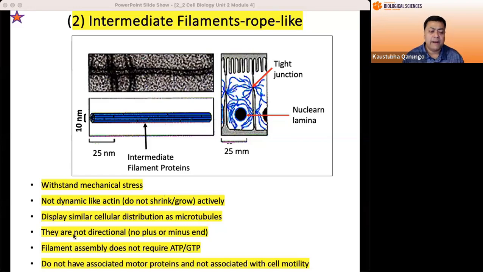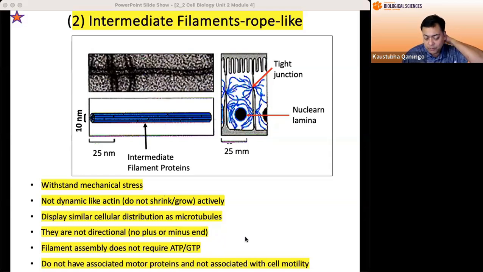Look very carefully at each one of them, because all of this will be a couple of different questions and answers. Mainly the questions will be asked as which of the following is or is not a property of that. When you see which of the following is a property of the intermediate filament, the distractors will essentially be properties of the microfilaments and the microtubules, and your correct answer will be one of these.